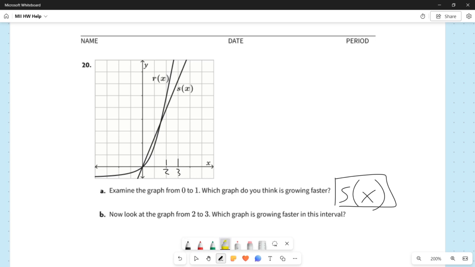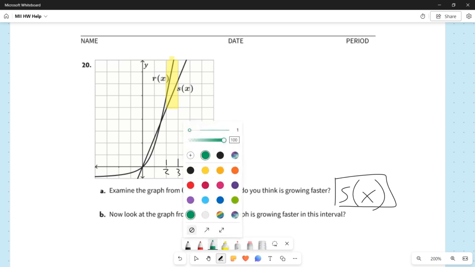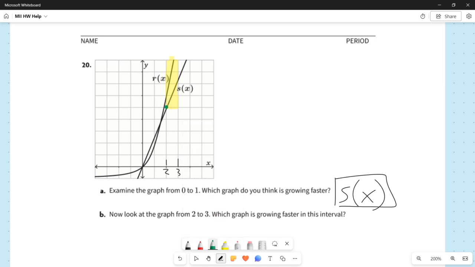So we are looking at what is happening here, in this area. And if we look at s of x first, it looks like it starts there and ends about there.